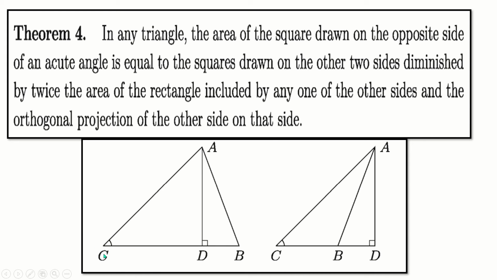That means minus 2 into BC, and the orthogonal projection of the other side, here the other side AC, and the orthogonal projection of AC, that is CD.